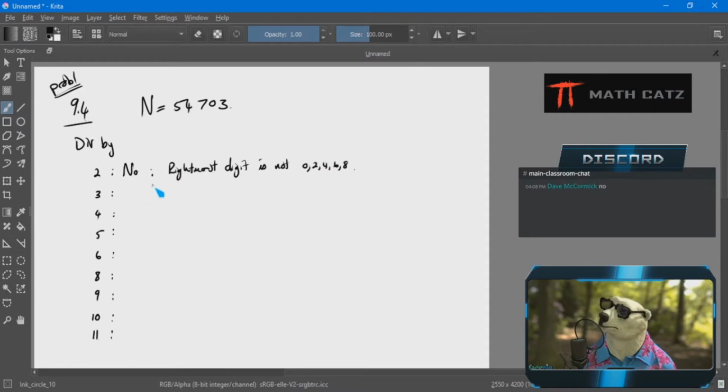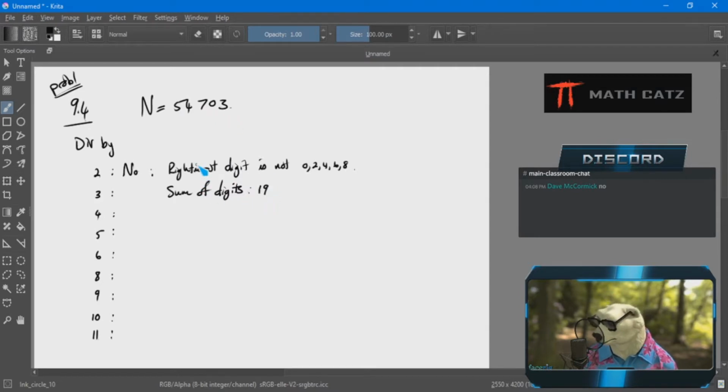In order for me to answer the 3 question, I would have to find the sum of the digits. And in this case, it is 5 plus 4 is 9, plus 7 is 16, plus 3 is 19.